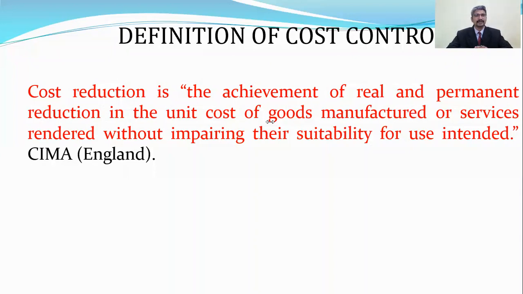CIMA of England defined cost reduction as the achievement of real and permanent reduction in the unit cost of goods manufactured or service rendered without impairing their suitability for the use intended.